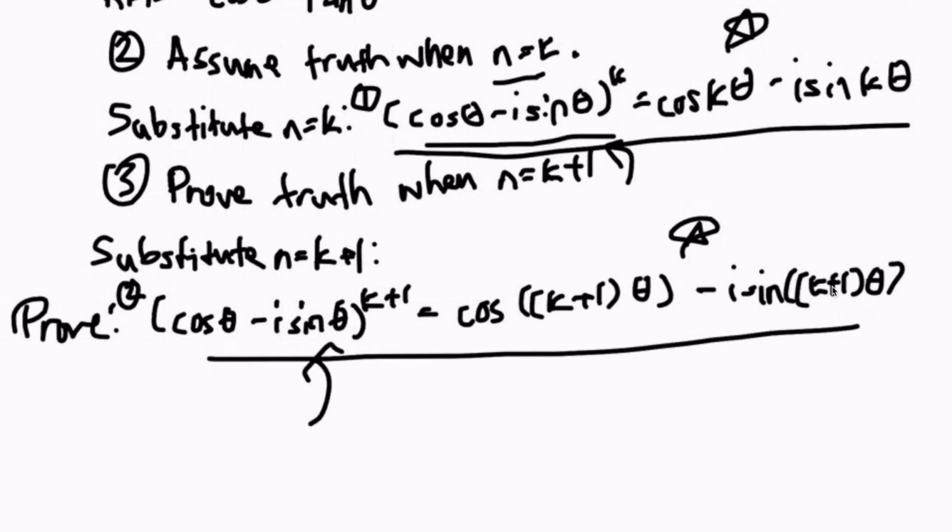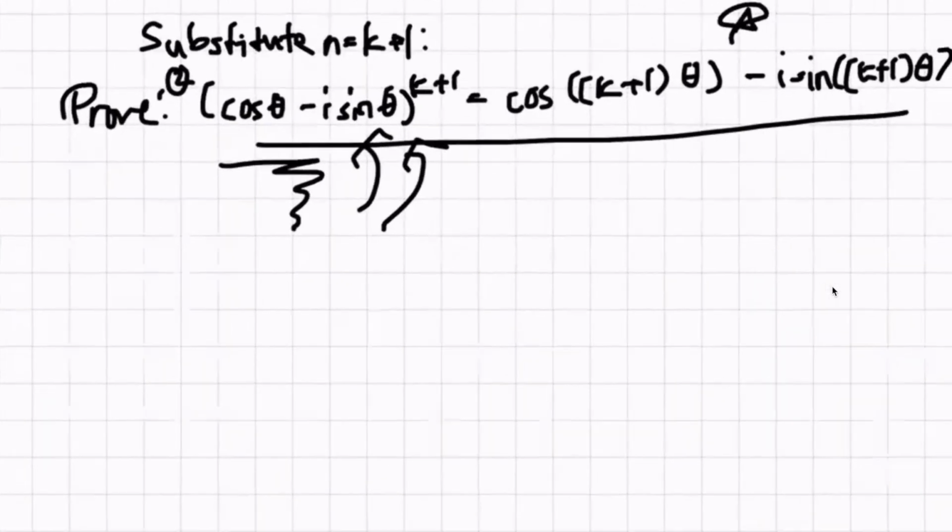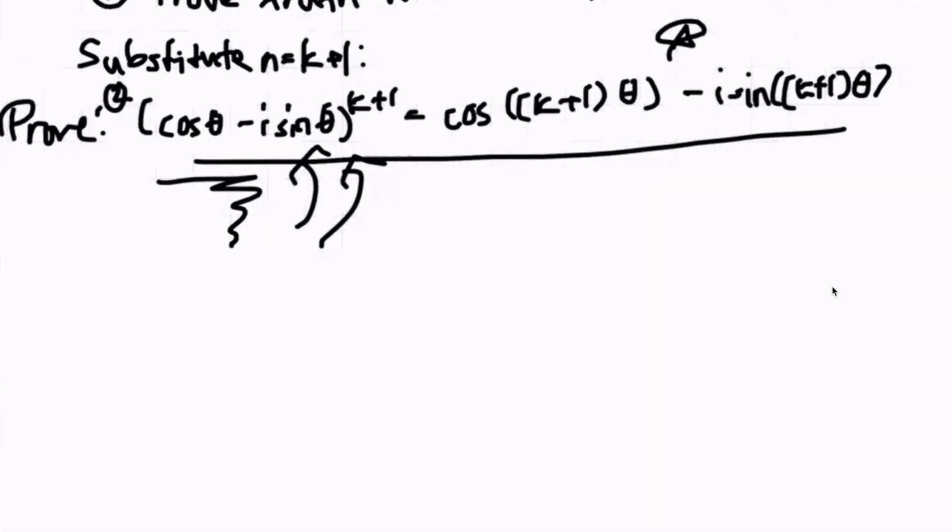So the next thing we want to do is we want to write this guy over here in terms of this guy over here. And now that we know that this guy over here is just this guy taken to a higher power by a degree of 1, it's really easy to write the expression we need to prove in terms of the expression that we have.